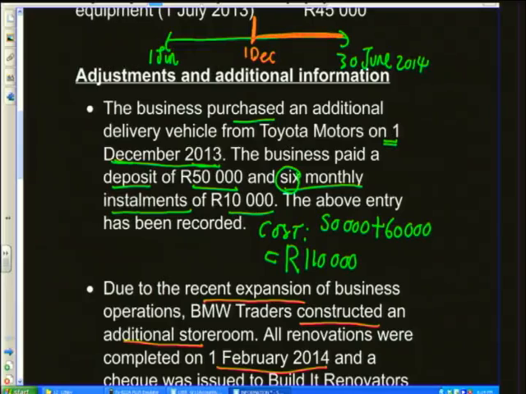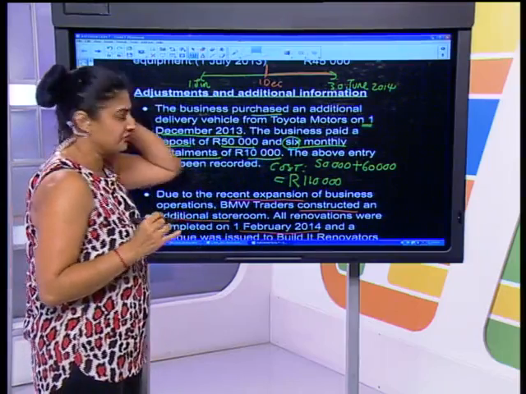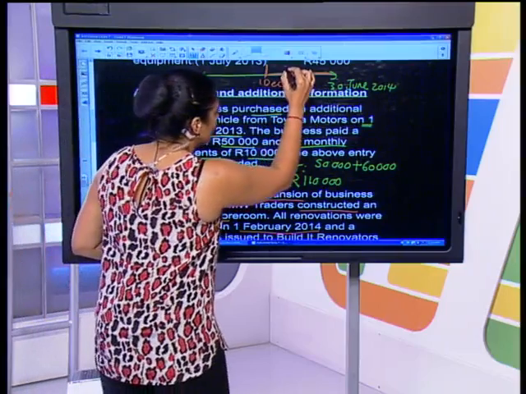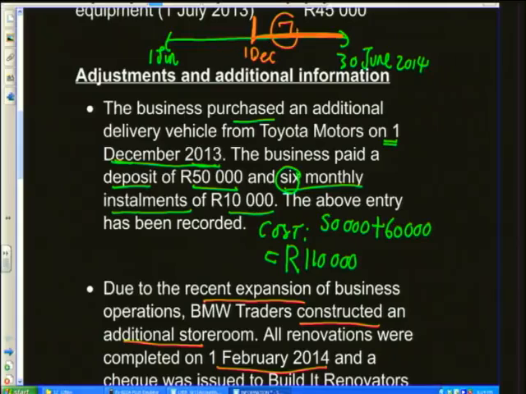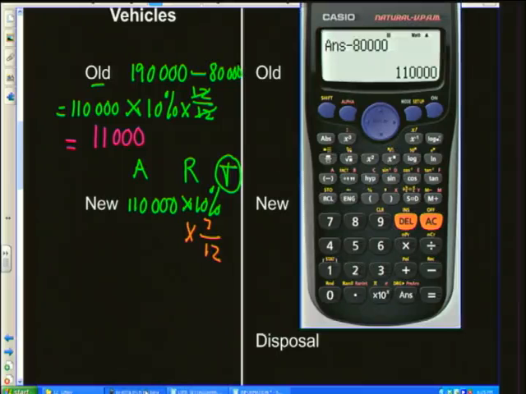So if we look at December until the end of June, Megan, you want to help me there? It should be 7 months, isn't it? Yeah. So December until the end of June, we're going to depreciate this vehicle for 7 months only, not for an entire year. So let's go back to our calculation. Right, so times that by 7/12. Okay, guys. Right, let's get the calculator out.